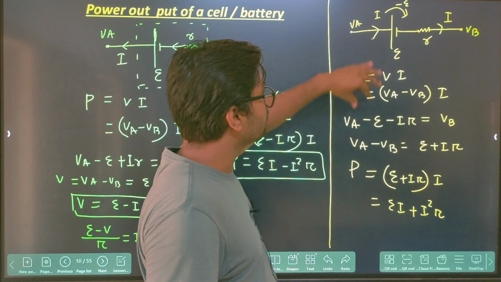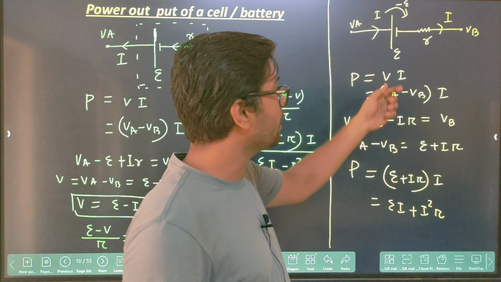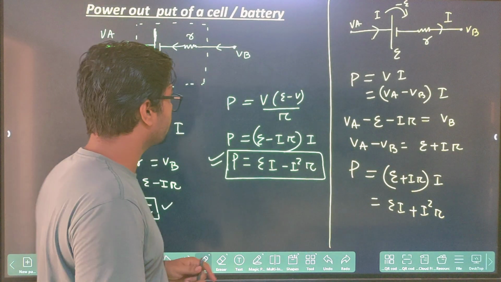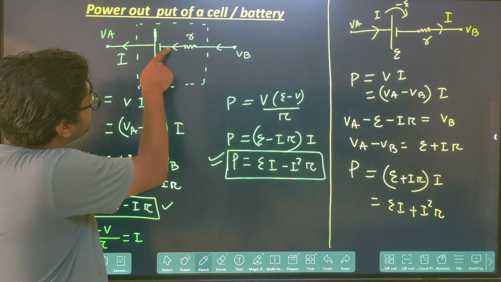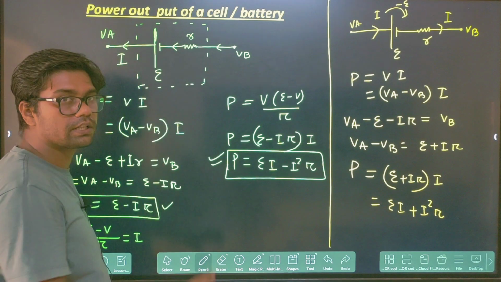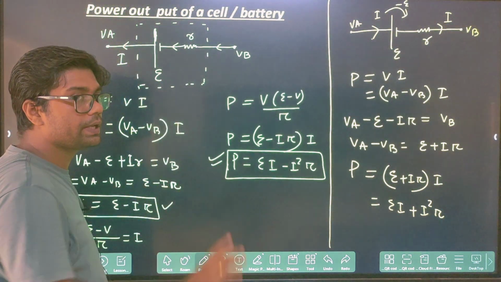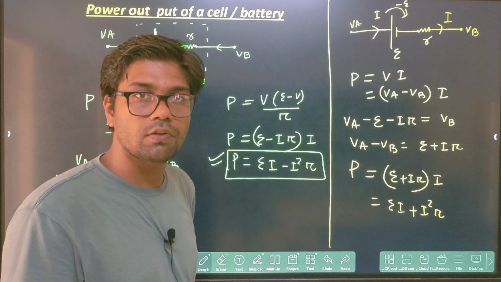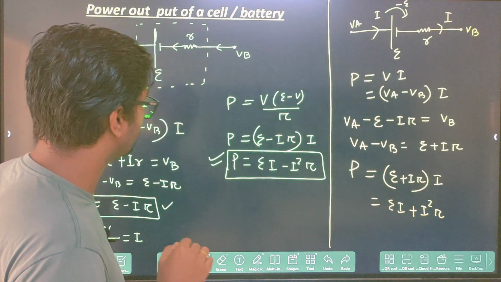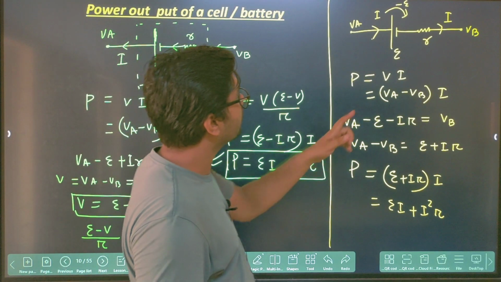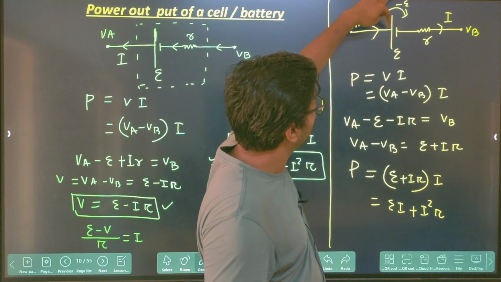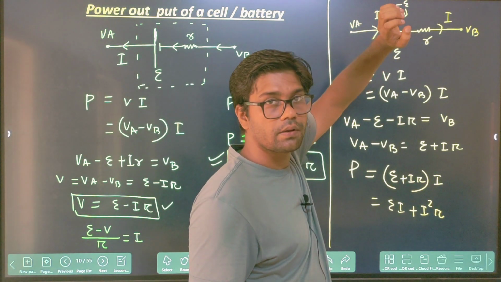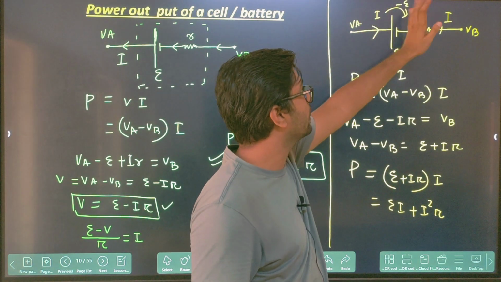This is what? Now the power is consumed by the cell. Why is it power consumed? You observe here. Here the current is flowing from lower potential to higher potential. The battery is behaving like a source, because for a source the current will flow from lower potential to higher potential. Now here the current will flow from the positive terminal to the negative terminal, right, from positive to negative.